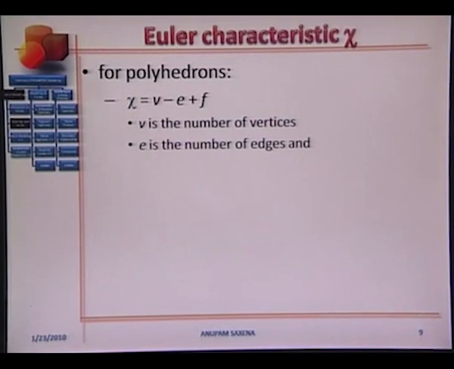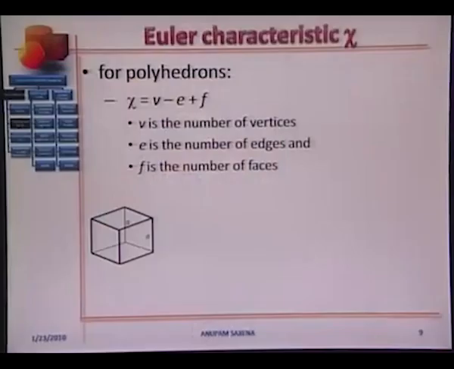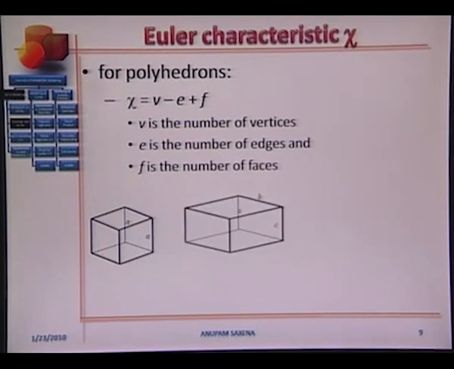E is the number of edges in that solid. And F is the number of faces. Let's consider an example of a cube, a block, and a distorted block.